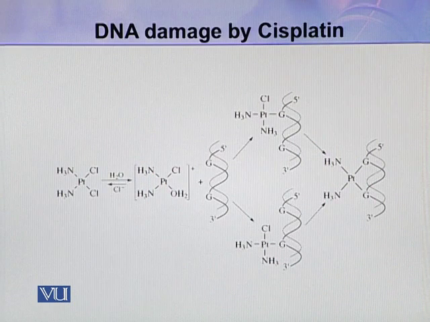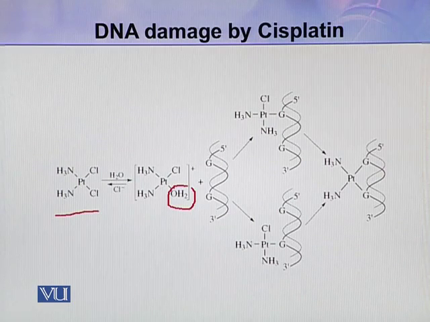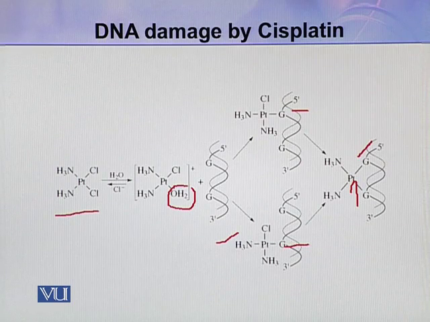Here you can see this is cisplatin. It is activated, and one chloride ligand has been removed, and after this activation it binds with DNA here and here. And after the removal of the second ligand, this platinum can make a linkage with another guanine of the same strand.